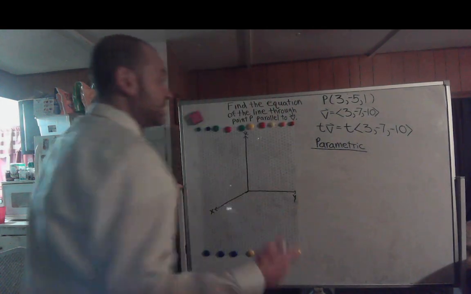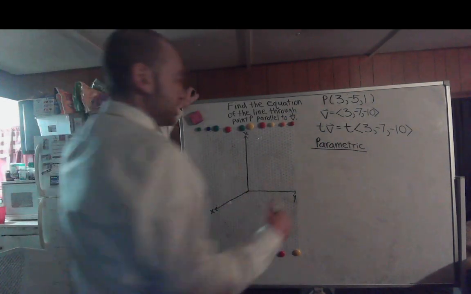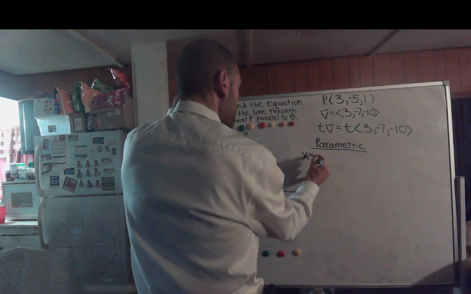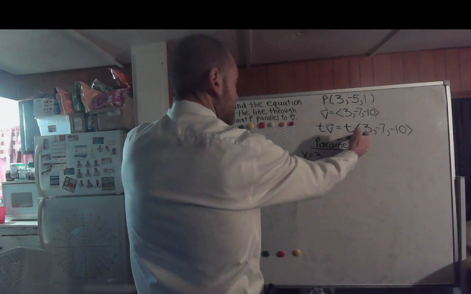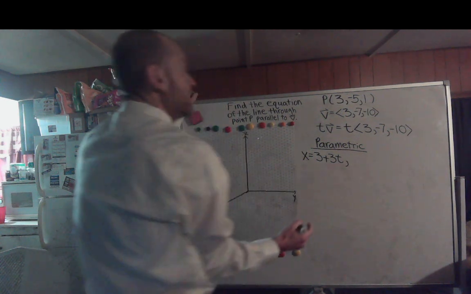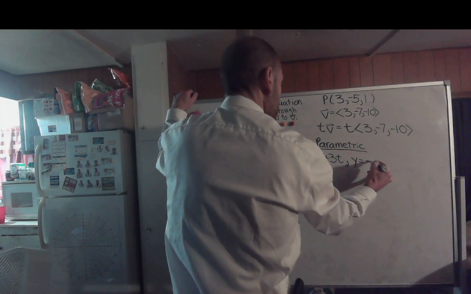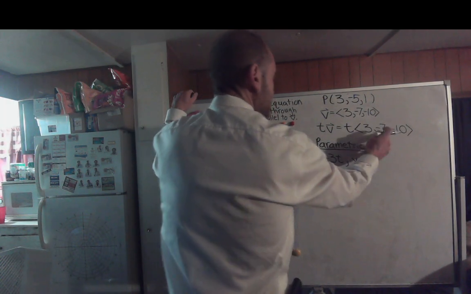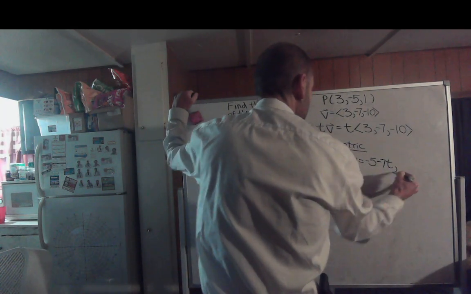Now from here we can easily find the parametric equations. X would equal that first x coordinate of 3 plus that 3 times t. Y is going to equal that -5 coordinate plus that -7t, or -5 minus 7t.